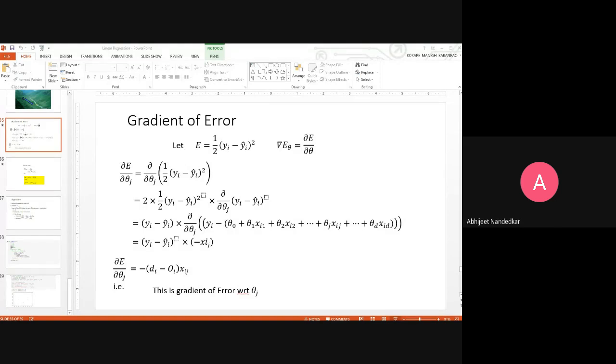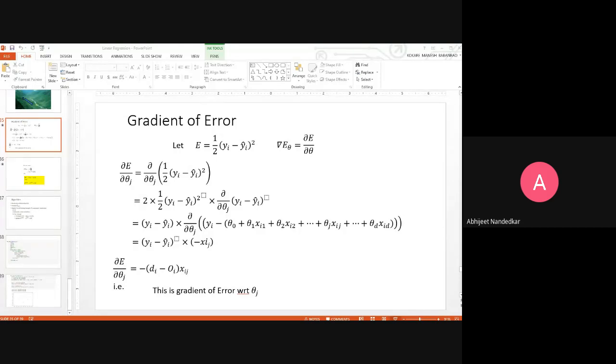So this was my input, and output is y. Our estimation y cap is dependent on only a single input.